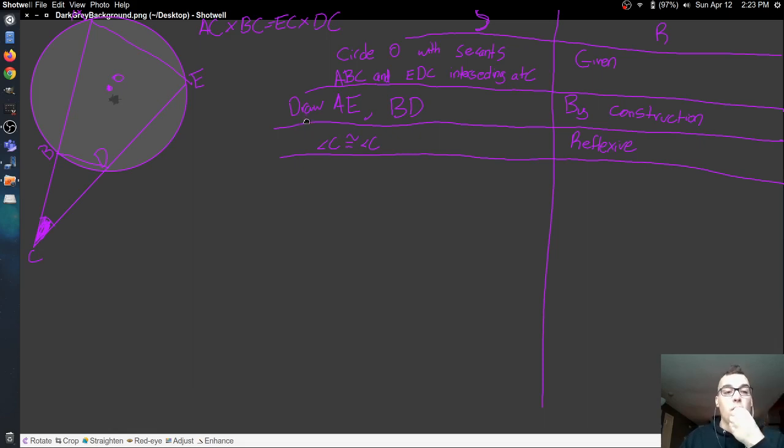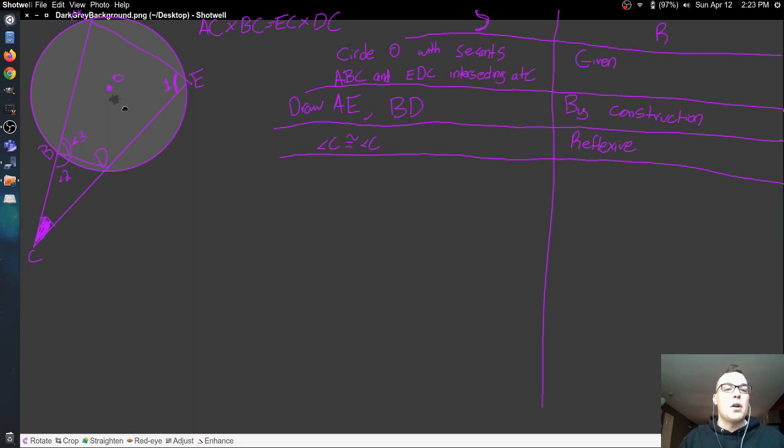In particular, what I want to do is I want to say that this angle here, which I'm going to label as angle 1, I want to be able to say angle 1 is congruent to angle 2, just like that, because those are two angles in those two triangles. In order to do that, I'm going to need to use this angle here, which I'm going to label as angle 3.